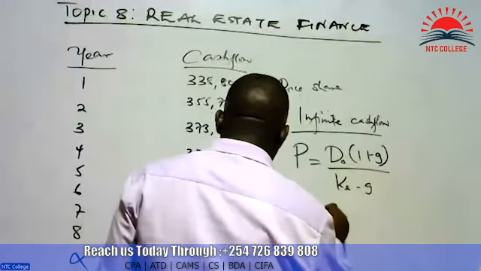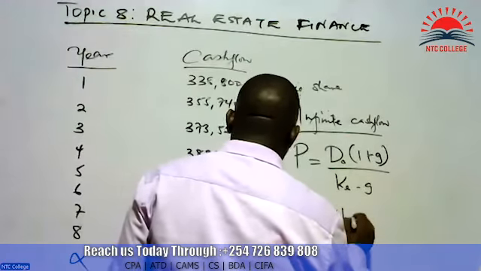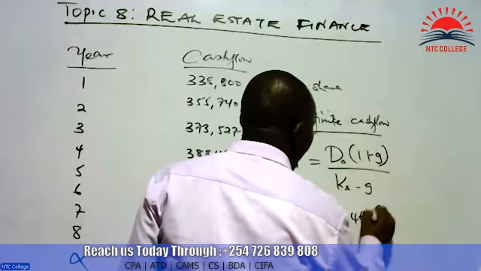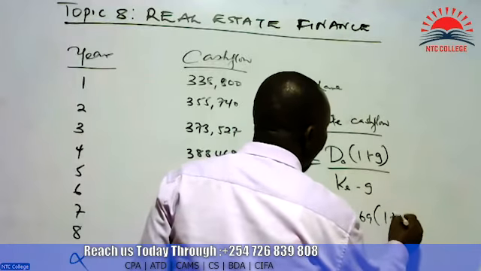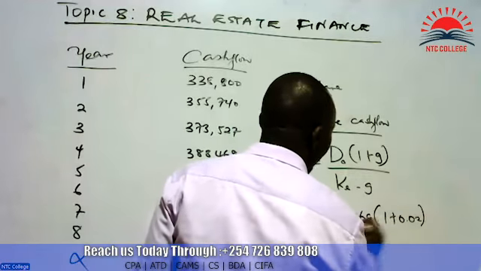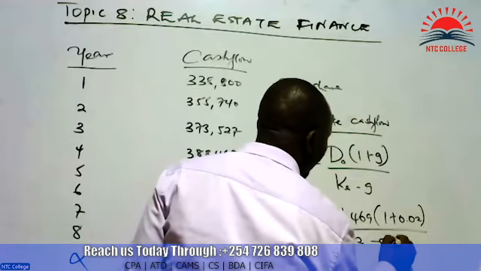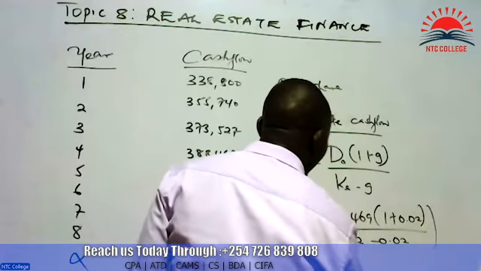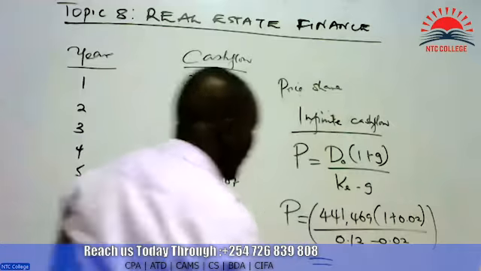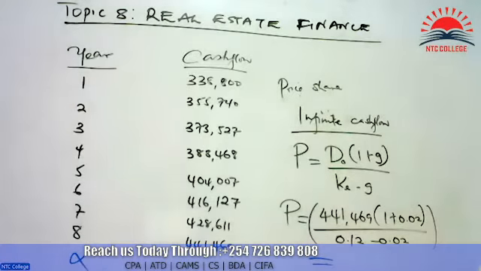So you take your 441,469 times (1 plus the growth rate, 0.02, 2%), all over 0.12 minus 0.02. When you calculate this, you should be able to get the value that should be here. Can you try for me and tell me how much it is?